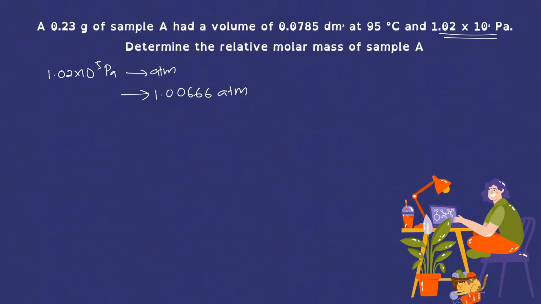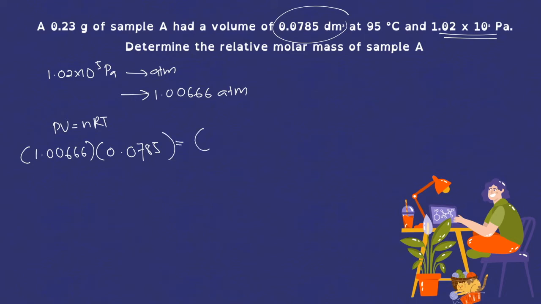Next, you need to use the ideal gas law formula, which is PV = nRT. So the pressure that you have converted is 1.00666, and the volume given to you in the question is 0.0785 dm³, which is equivalent to liter.